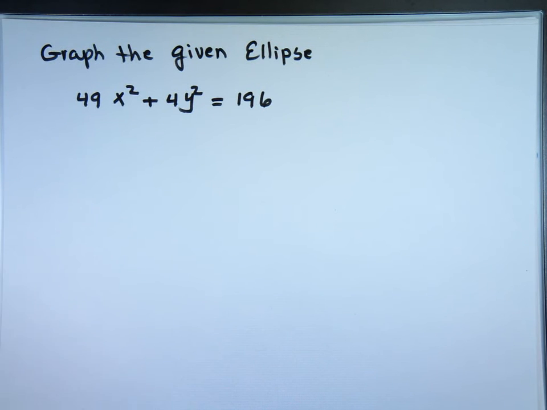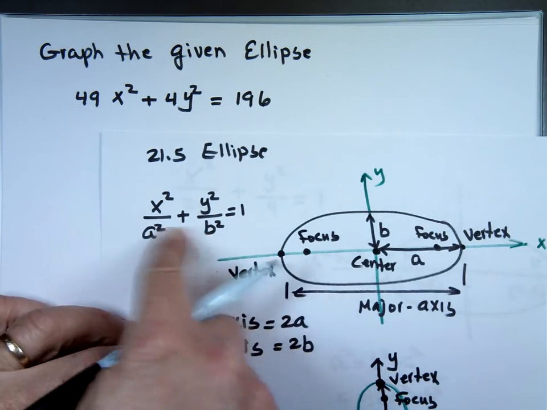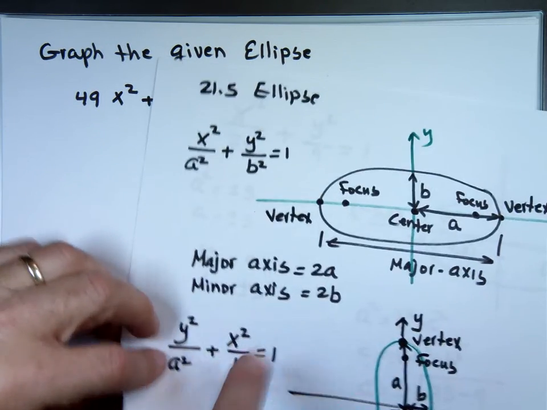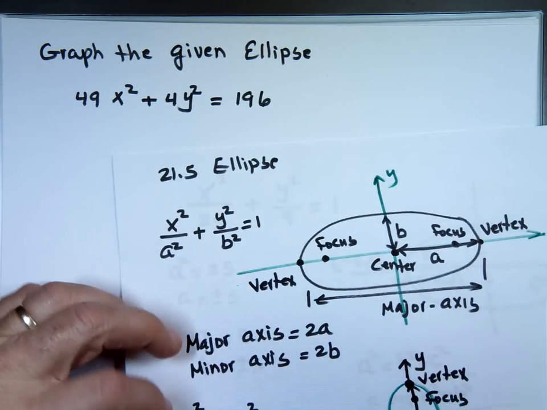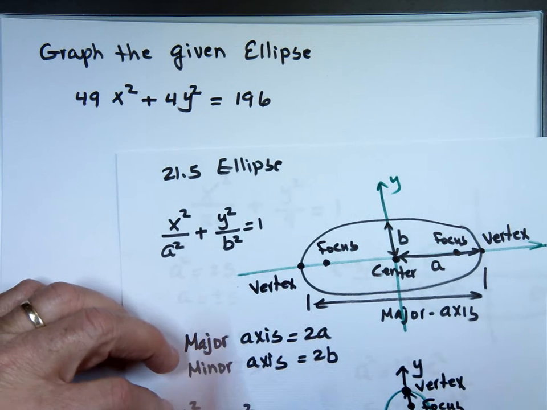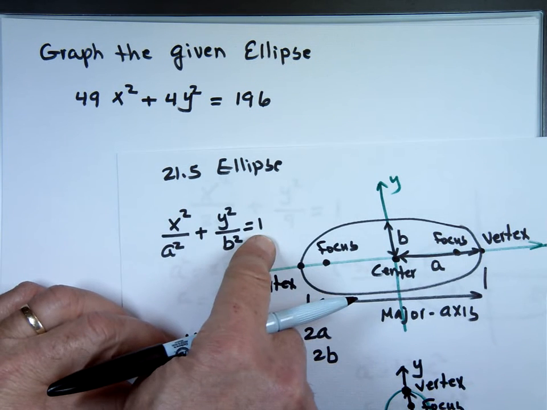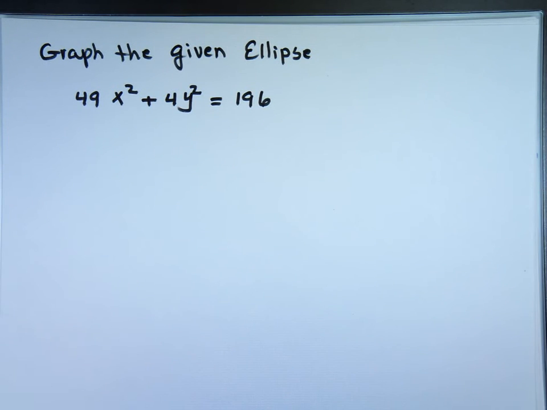Let me pull my notes out. I said the standard form should look like this, or this. That doesn't look anything like this. Divided by 1. You want that number to be 1, right? So how do you make it 1? Divide. Absolutely.